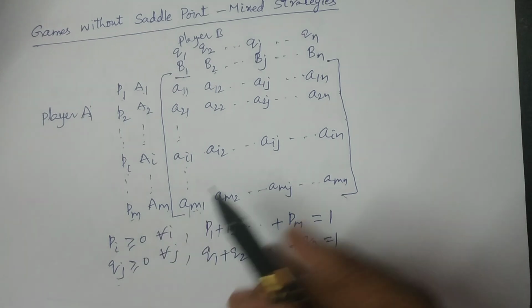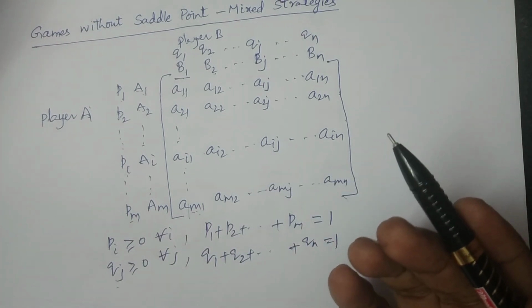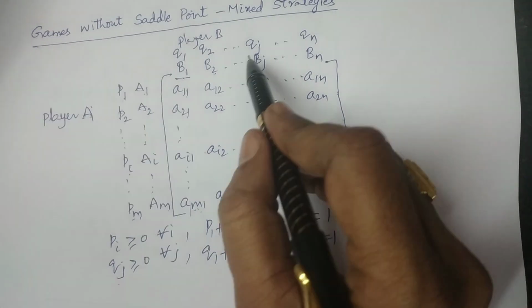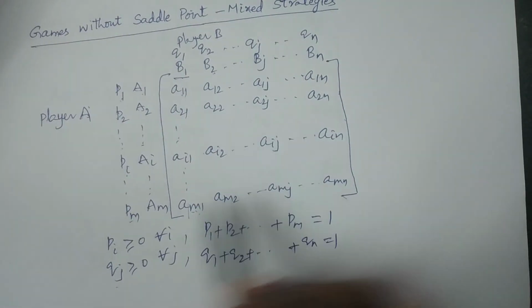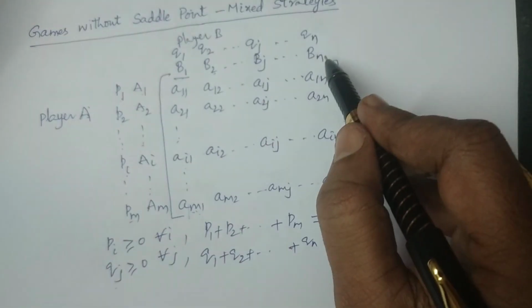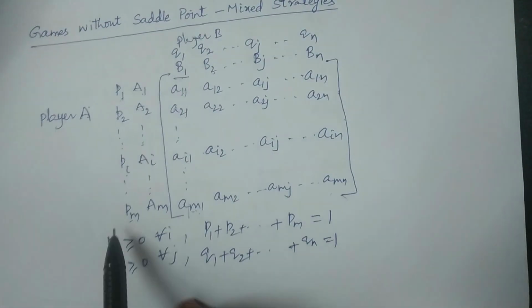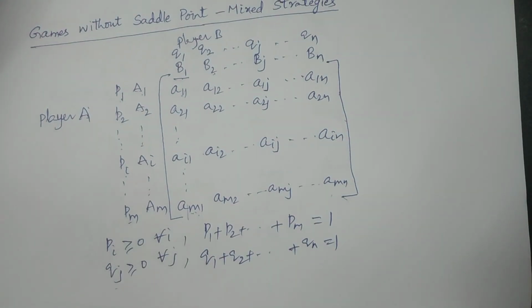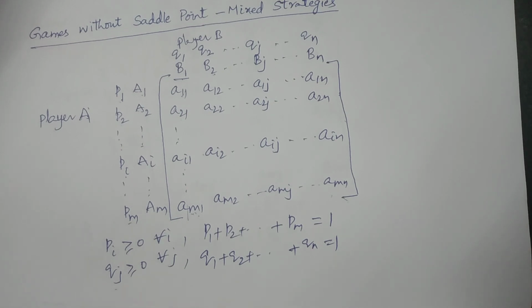Then you will get the minimum expected gain for player A. Similarly, if player B uses Bj, you multiply this column with the probabilities P. If player B uses Bn, then multiply this column with P. You will get the expected gain. These are all expected gains for player A if player B uses one such strategy. That is what is required to calculate now.